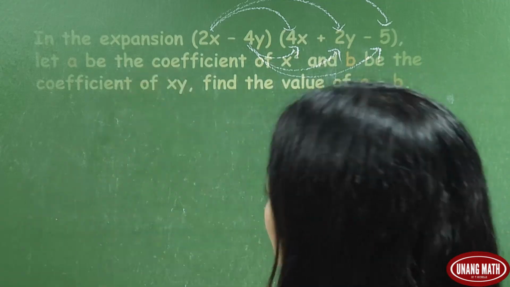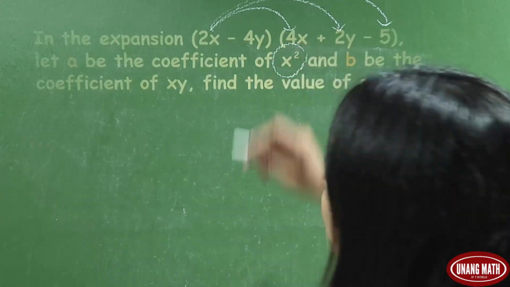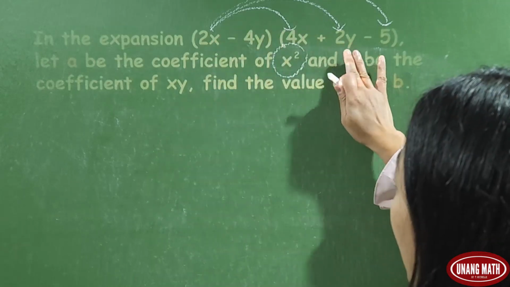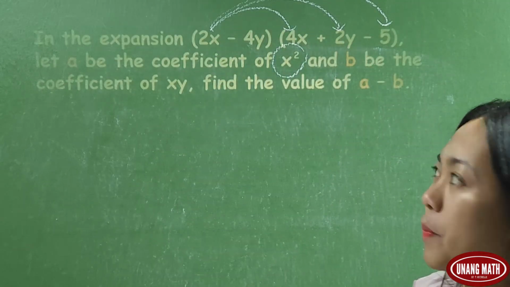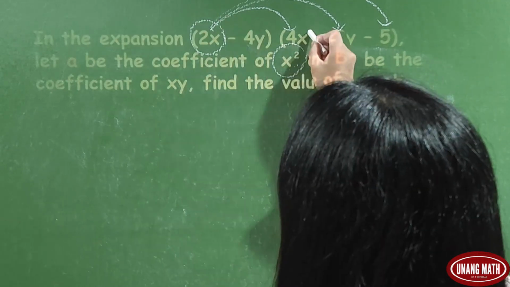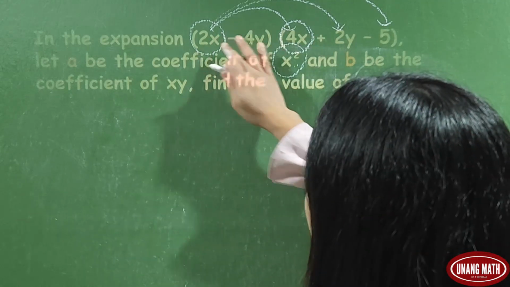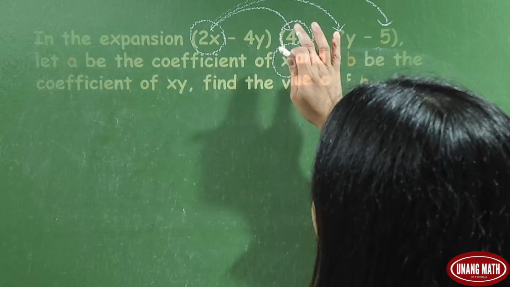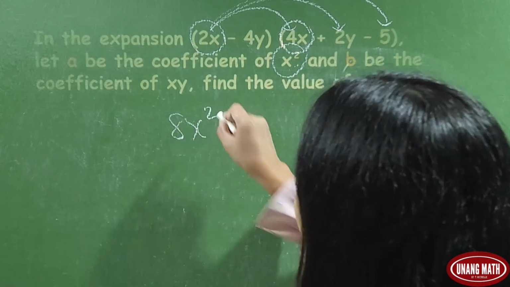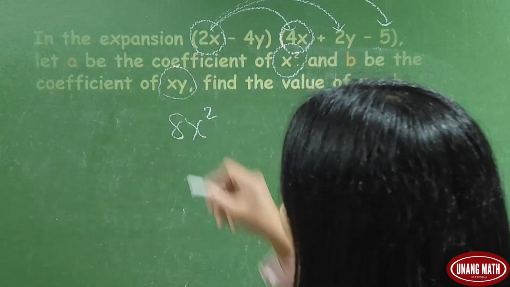But that would be too long if we multiply all the terms. Since we're just trying to find the coefficient of x squared, if we take a look at these polynomials, the terms that we need to multiply to get x squared would be only these two terms. So 2x times 4x is going to be 8x squared. How about xy?